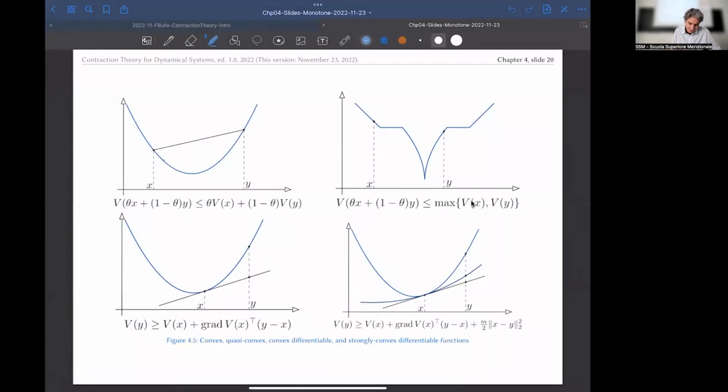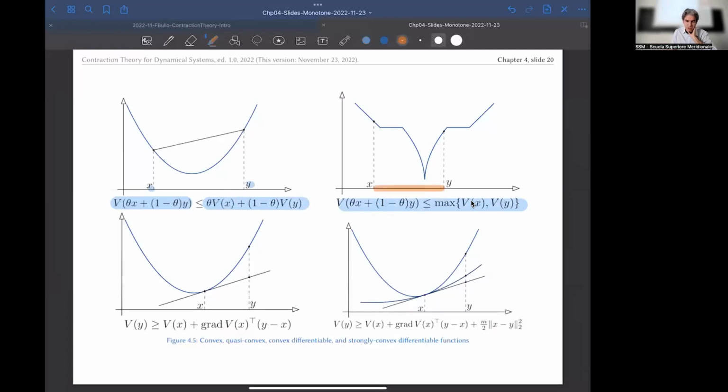Convexity means that if you take any two points, x and y, the function evaluated at the convex combination of the points is upper bounded by the convex combination of the values. Actually, this one is not convex, so I was right: there are three convex functions plus one quasi-convex function. Quasi-convex functions have the property that the sub-level sets of the function are convex. So it's a little bit weaker.